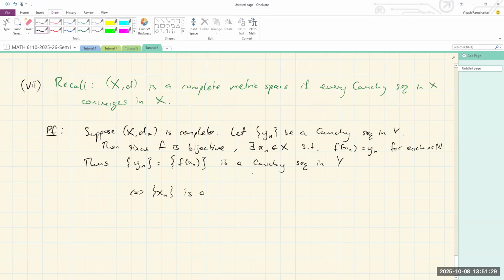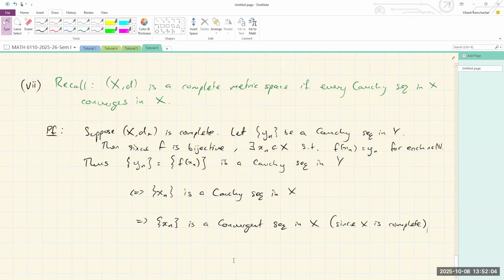So if f of x_n is a Cauchy sequence in Y, then the sequence x_n is a Cauchy sequence in X. Now X is complete, so that means that this is a convergent sequence in X since X is complete.